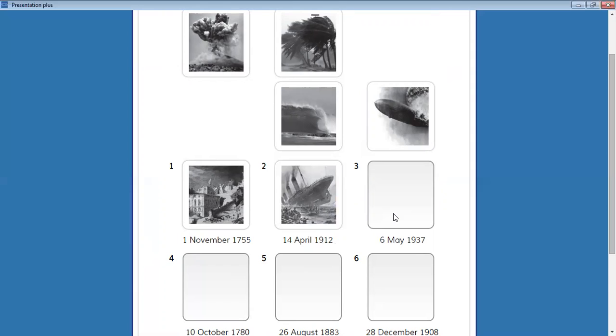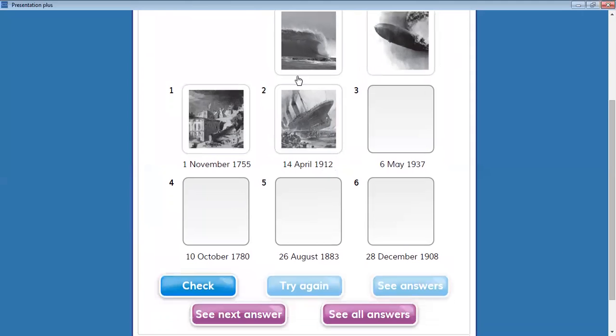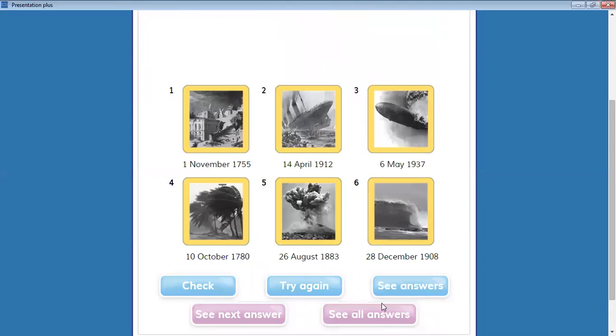On the 6th of May 1937, what was it? And so on. We have to label the pictures depending on their dates. Okay, so here you have all the others.